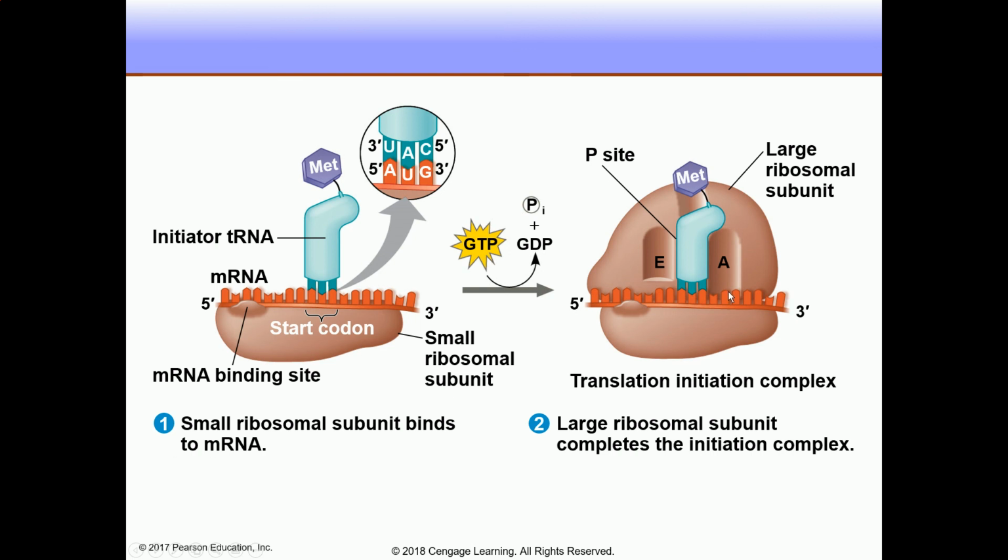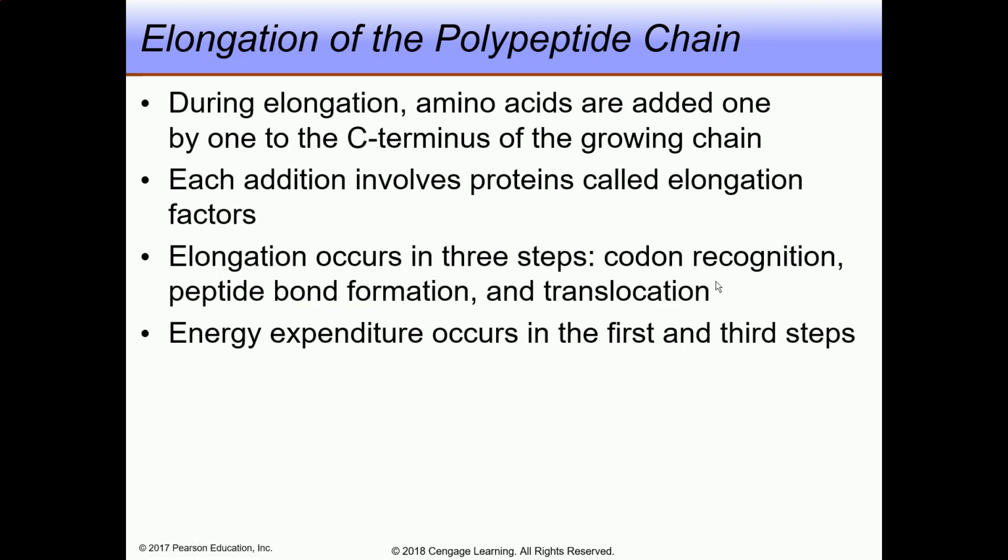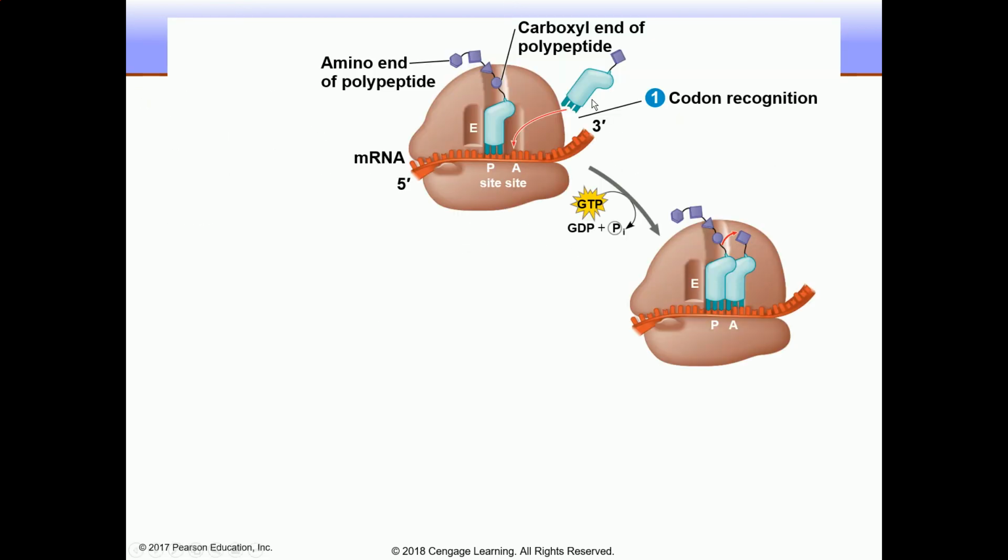And that transfer RNA will have a complementary anticodon. So here is a codon, and that transfer RNA will have an anticodon, okay? On the basis of this codon and anticodon, it is going to bring the specific amino acid. Let me show you here, and this is all part of the elongation process.